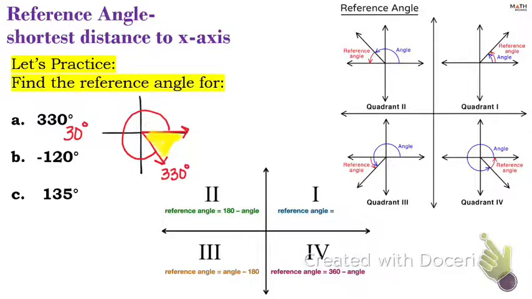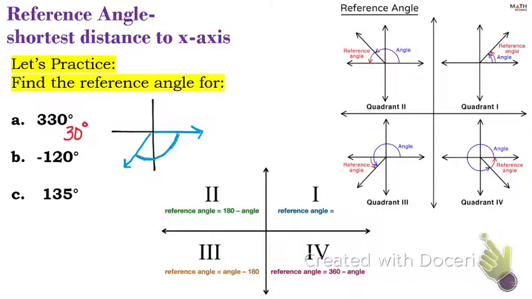So for part B, we are rotating clockwise. So we're going this direction. So it's going to be like about here.